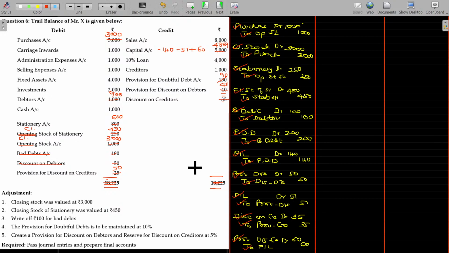Use the calculator. It's not possible to calculate that mentally. So many numbers. Debit side? 18,000. Exactly 18,000. Also 18,000. It matches, right? See, this is called adjusted trial balance.